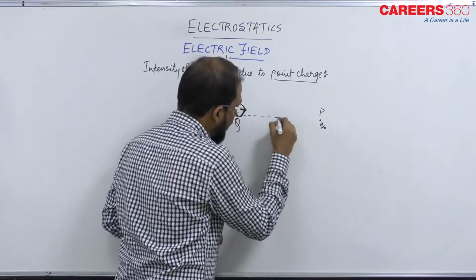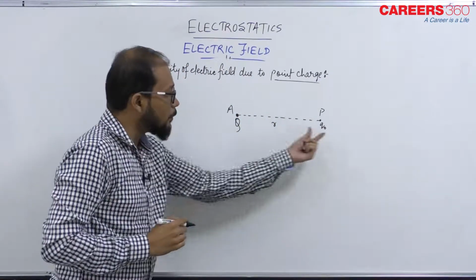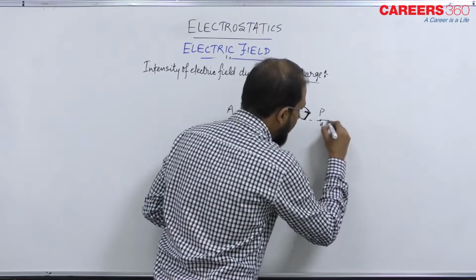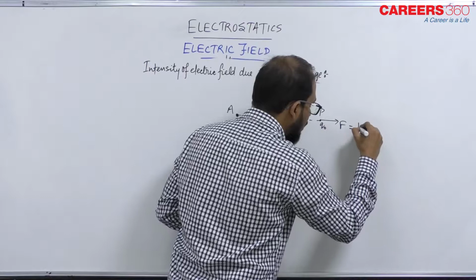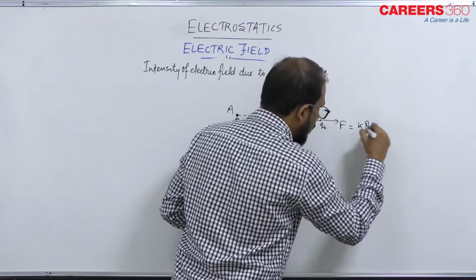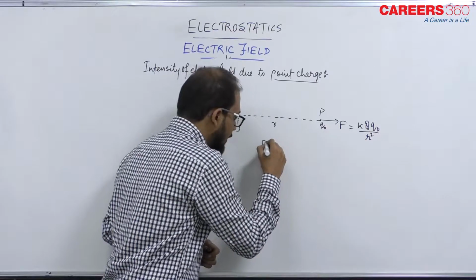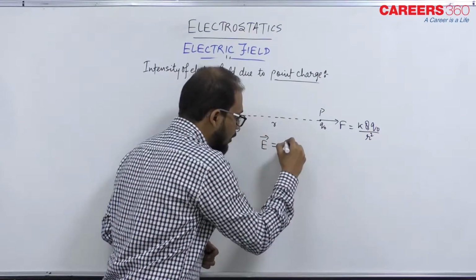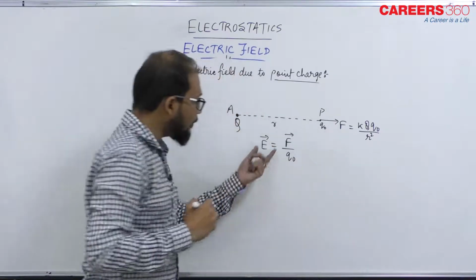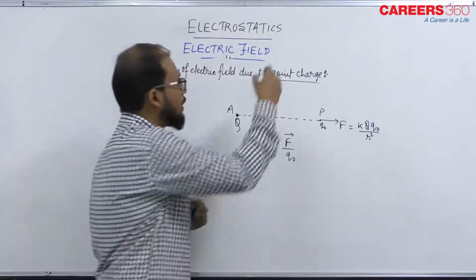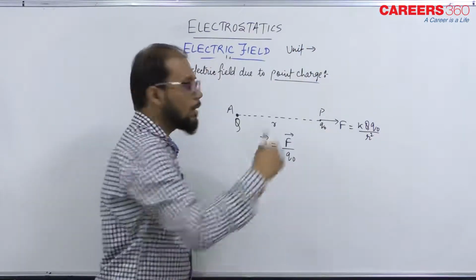And suppose the distance between Q and Q naught is R, and these two are positive charges, so a repulsive force will act in this direction, the electric force, and that will be equal to K into Q Q naught upon R square. And we know that electric field, the intensity of electric field, is equal to F upon Q naught. And from here we can also find its unit of electric field, that is equal to Newton per Coulomb.